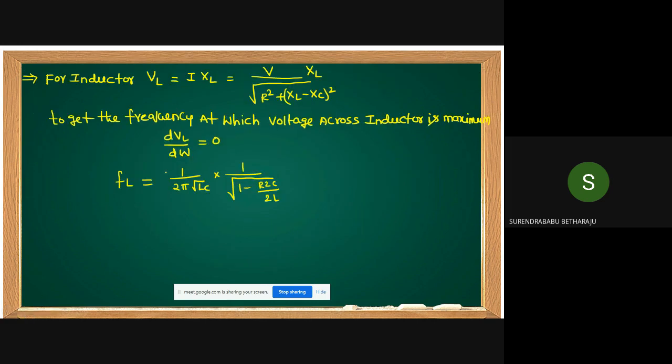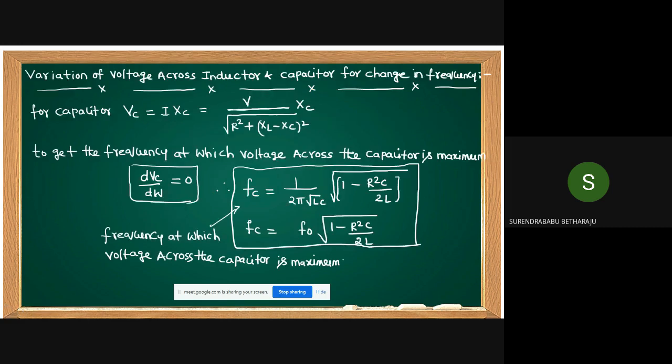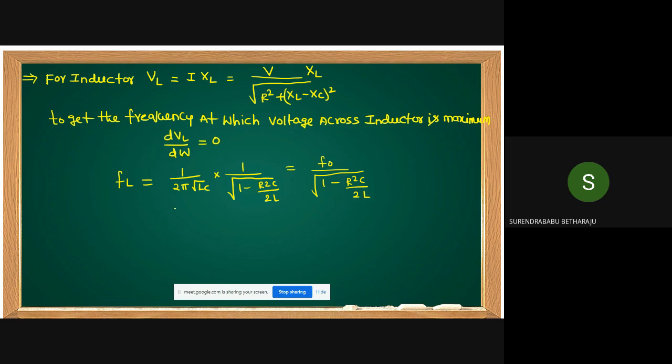Yes friends, what is 1 by 2 pi root LC? F naught. That is F naught by square root of 1 minus R square C by 2L.